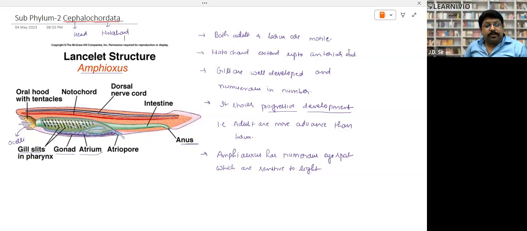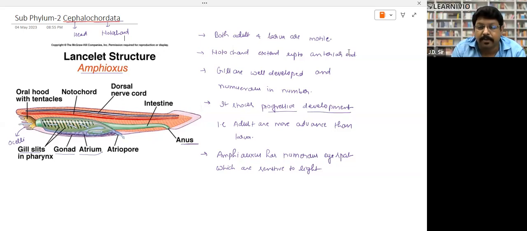Sir, could you explain motile? Motile means they show motion, means they can move from here and there, like fishes. Like you can see in Urochordata, Herdmania is sessile, means it remains stuck at a point.